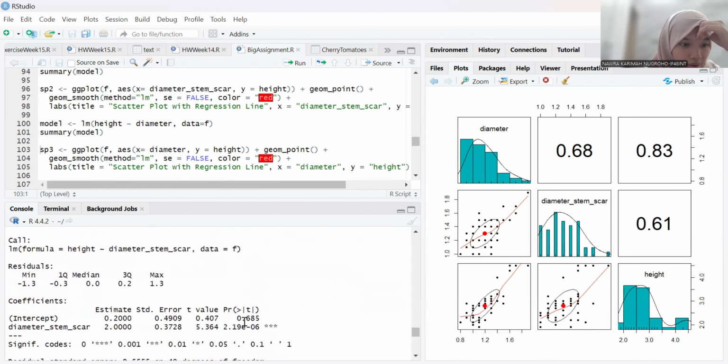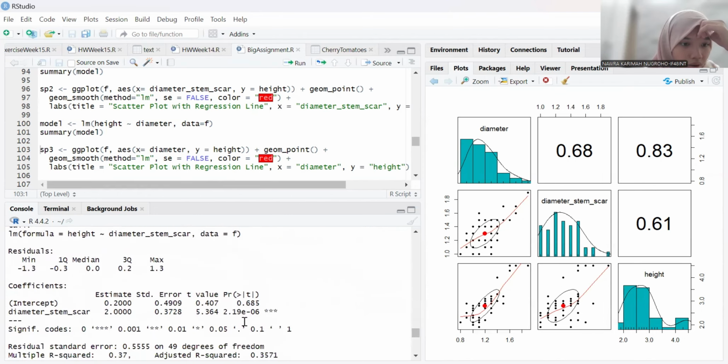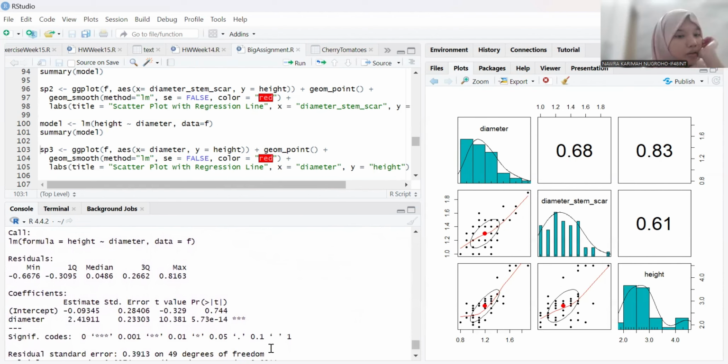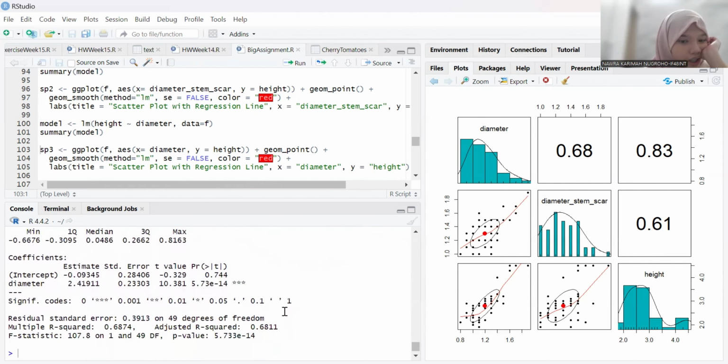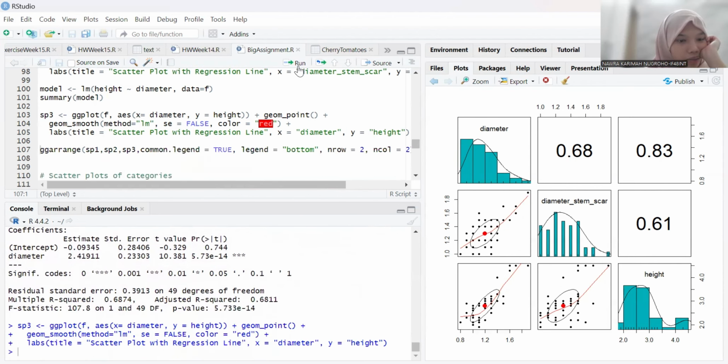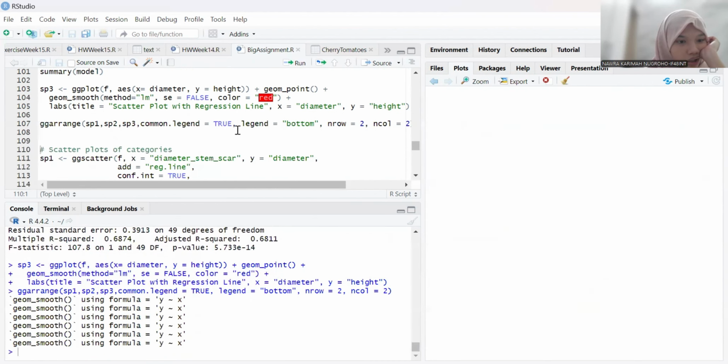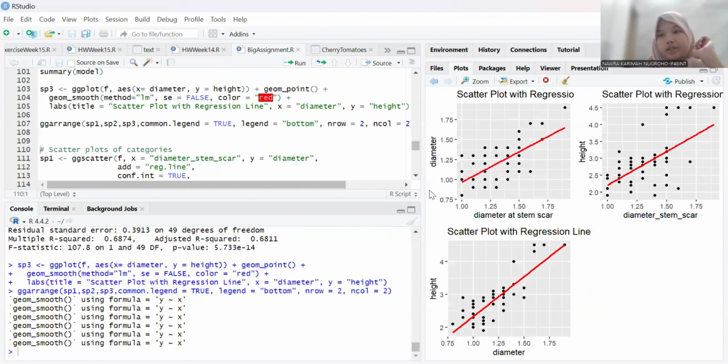The same thing goes with the model of height versus diameter at stem scar, and the same thing goes with the model for height versus diameter. The next thing that I'm going to do is to analyze the scatter plot.